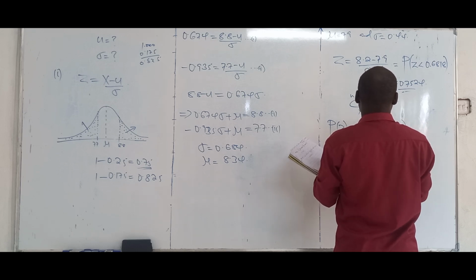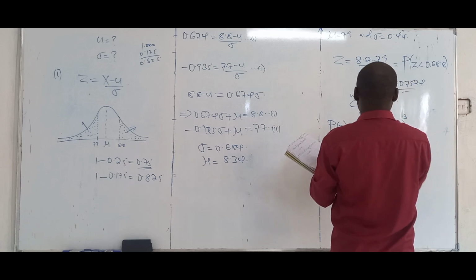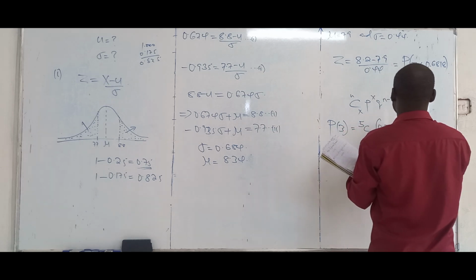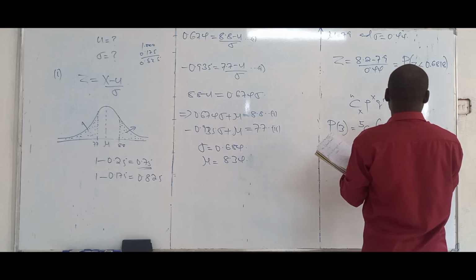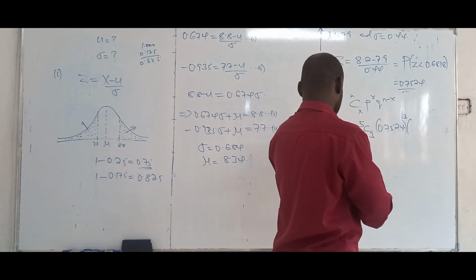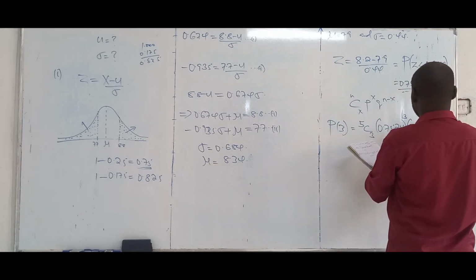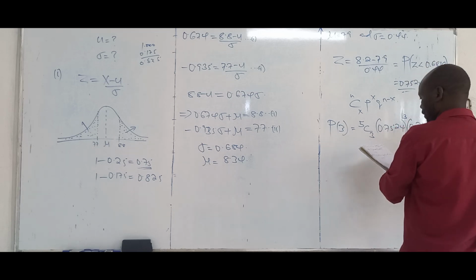We raise it to power 3 because that's our x. And we multiply again by q. Q is now the difference, 1 minus 0.7524, which gives 0.2476. You should check these values using a calculator.